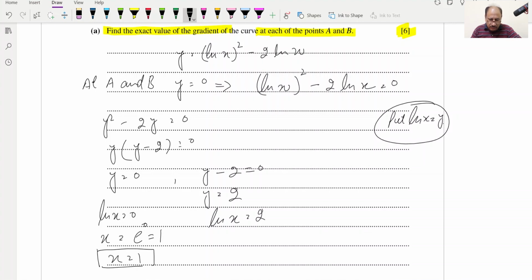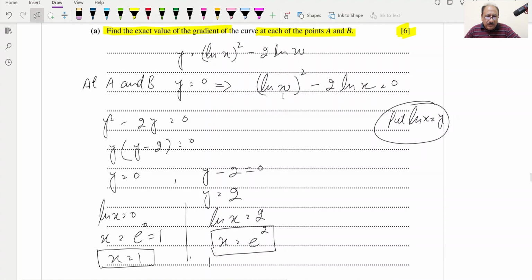This will be one value of x. And the second value of x we can find from here. So x will be equal to e raised to the power 2. Now we got these two values.